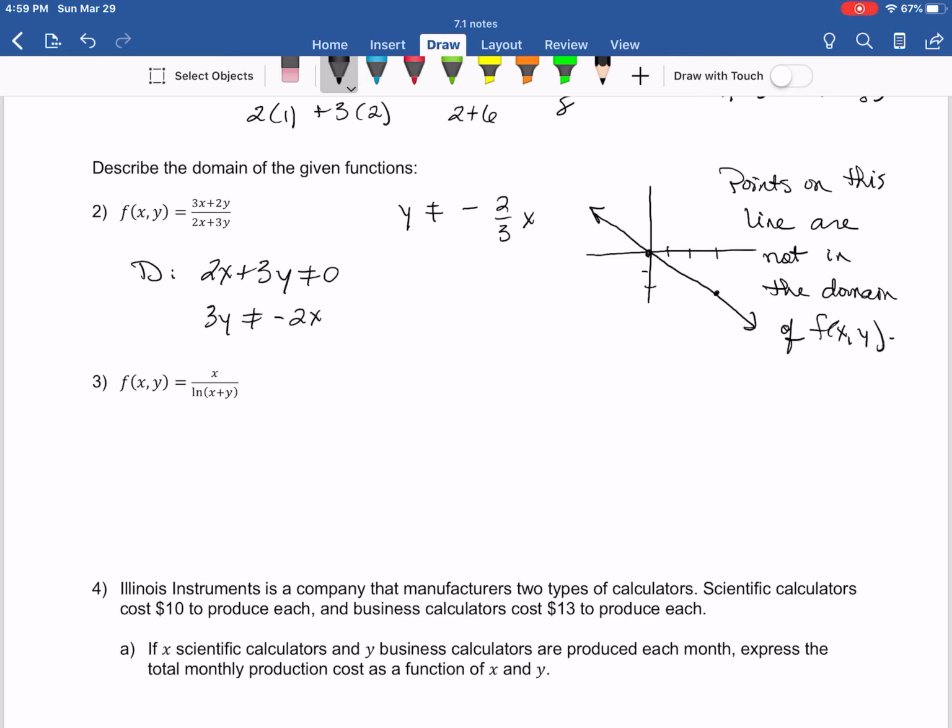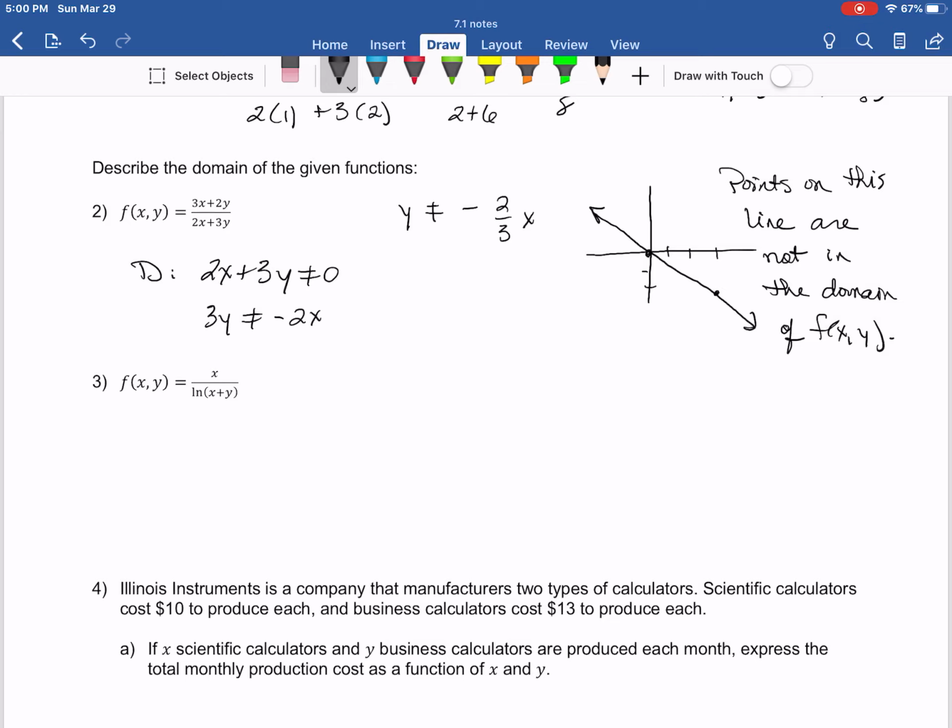Number 3, we have a function. We have a fraction once again. We have variables in the denominator. We have another component, though. We have this natural log. And we know from our discussion in Chapter 4 with natural logs, Section 4.2, that you cannot take the log of 0 or anything that is negative.